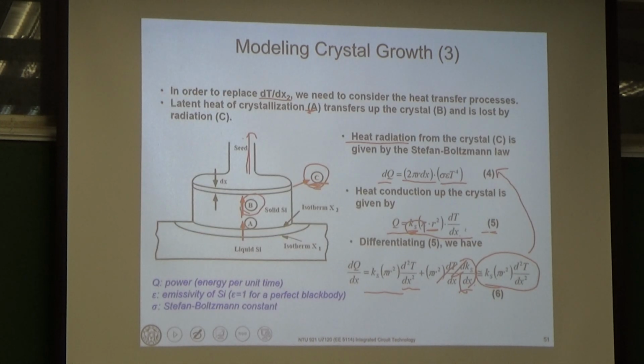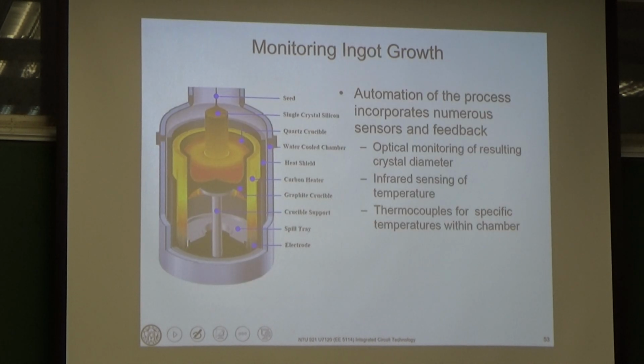Like during our derivation, we neglected the heat conducted through the seed. We only considered the heat loss through radiation. In the real chamber, we will use a lot of sensors to monitor the growth of the ingot. We can do some in situ monitoring of, for example, the diameter of your ingot.